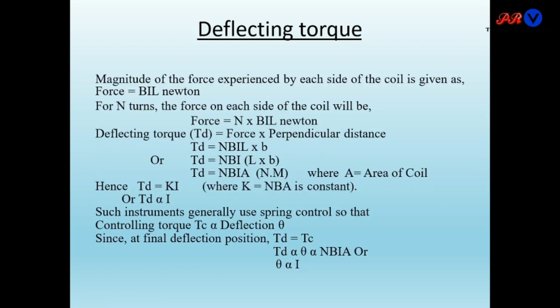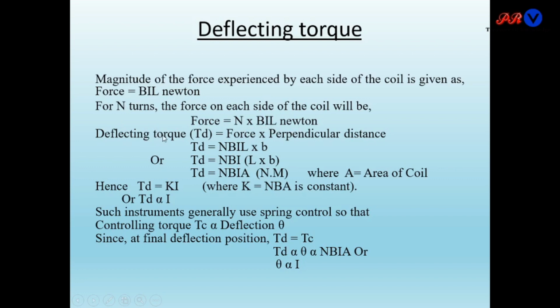So the magnitude of the force experienced by each side of the coil is given by BIL Newton. This is the force. Force value is BIL here. But we are using N turns here, so total force on each side is N multiplied by BIL Newton.